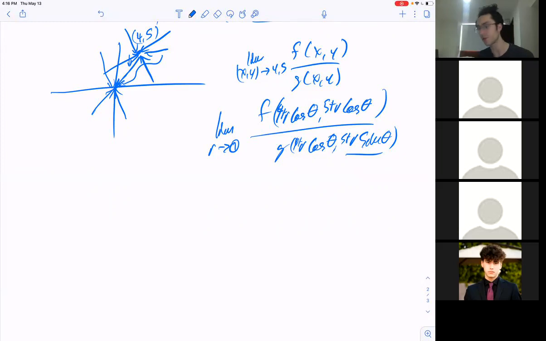So when you're done, if the function only depends on r, then you can be sure that at least along all of the linear paths, the limit is the same. But if there's some theta term left in the expression that actually changes the answer, then you know that one of the linear paths breaks the idea that there is a well-defined limit at this point, okay?